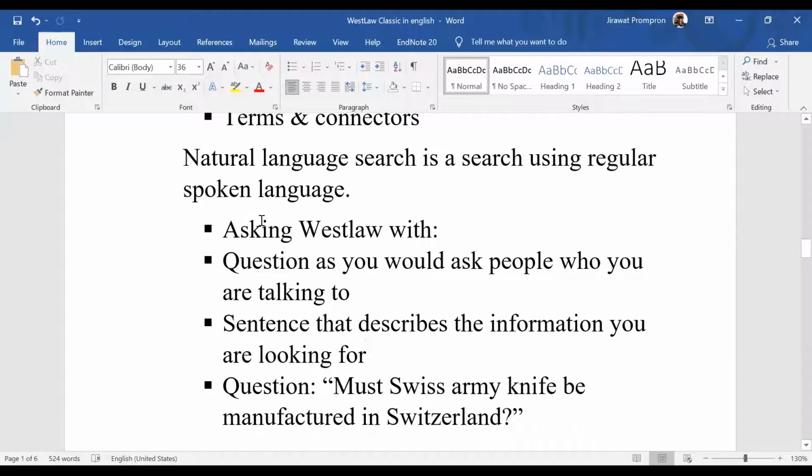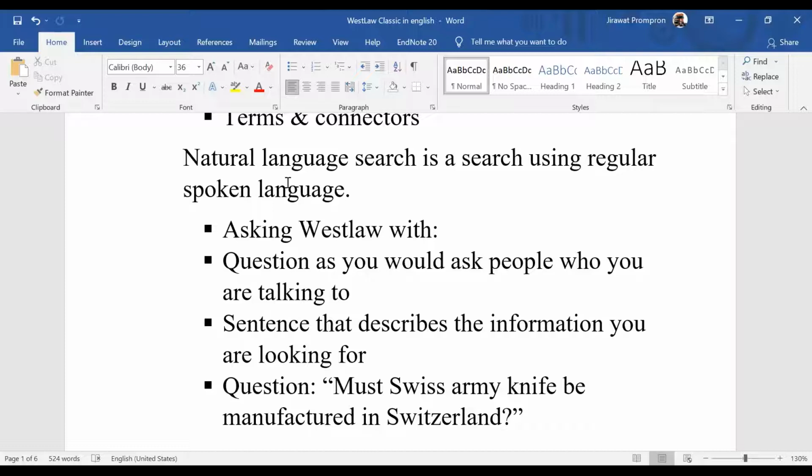So this is what we call natural language. Just keep in mind that natural means the way you speak to your mom, to your parents, to the people you meet. That we call natural language.